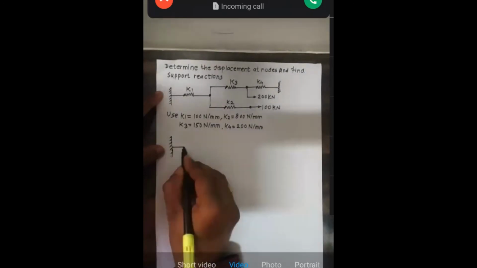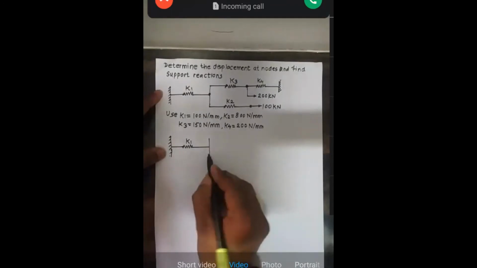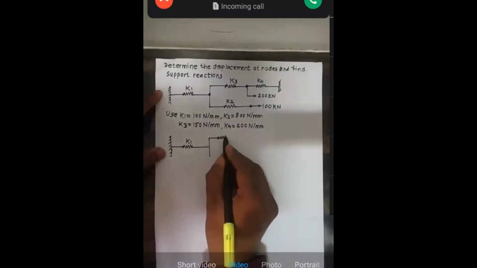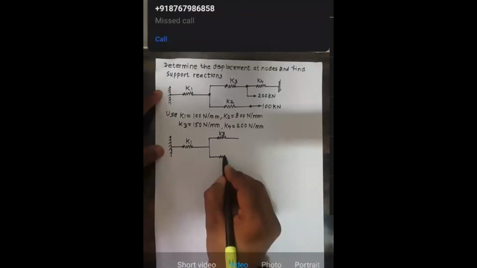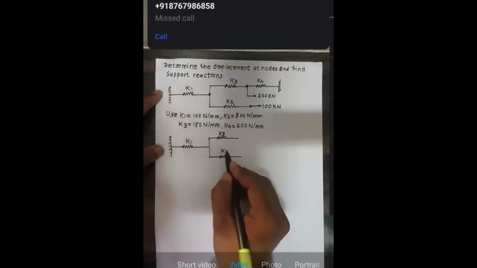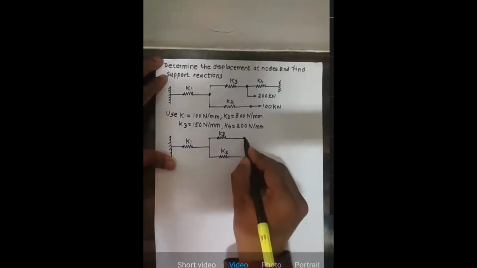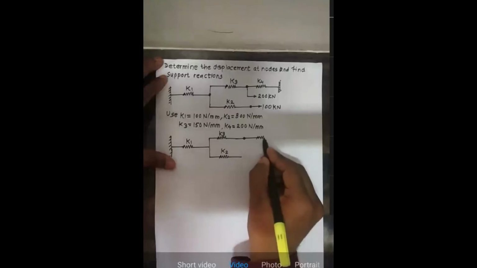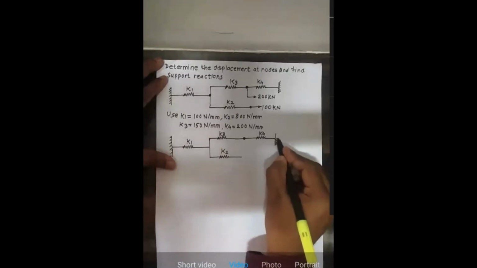I will redraw that diagram. K1, then this is K3, this is K2, right? This is K4. I'm basically just drawing that diagram again.